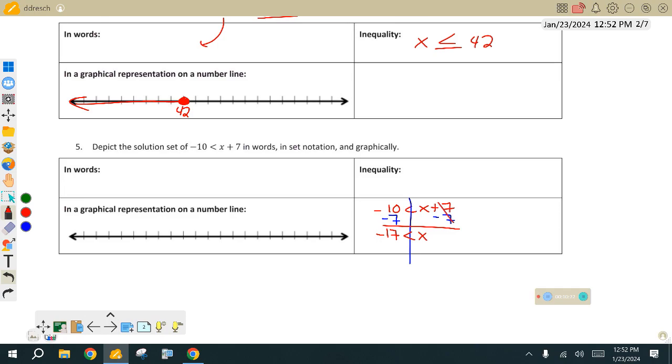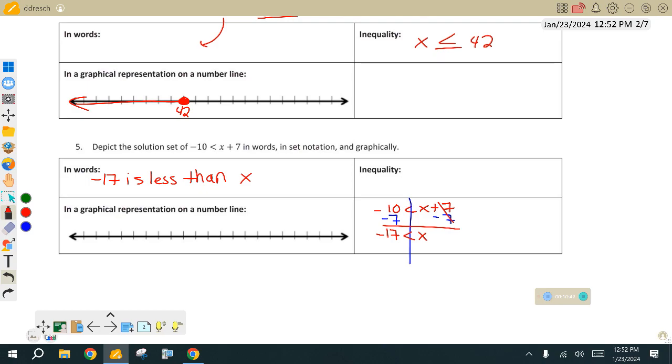Now, how do we read that? Negative 17 is less than x. You can say less than a number, but go easy. That's all we're looking for when we say it in words.